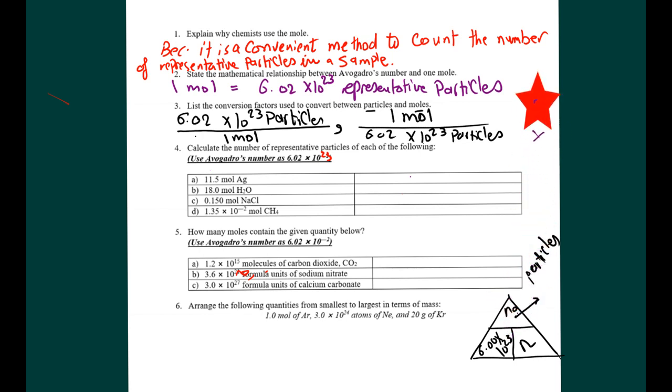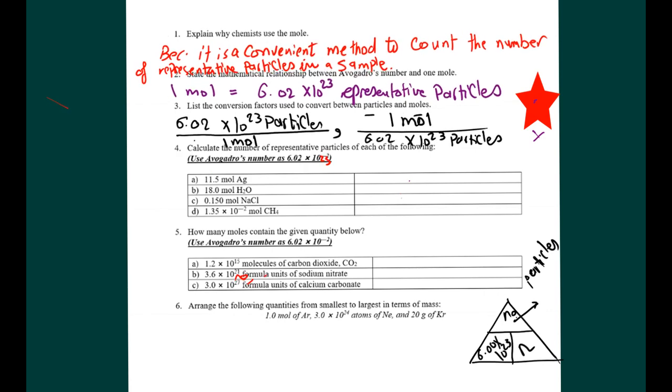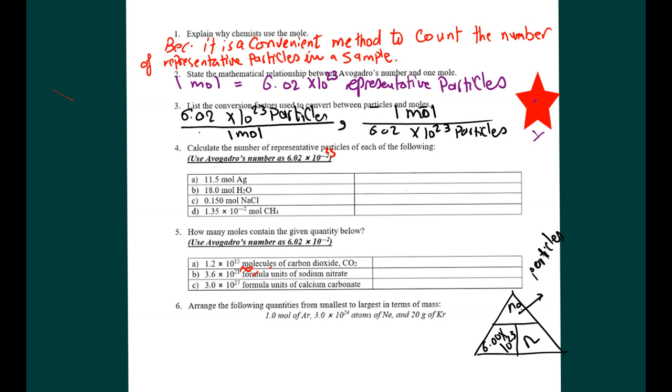So if you multiply 11.5 times Avogadro's number, you will get the correct answer. And don't forget to change your answer into 3 significant figures. All your answer should be given to 3 significant figures. And the unit also is important. Here is the correct answer.